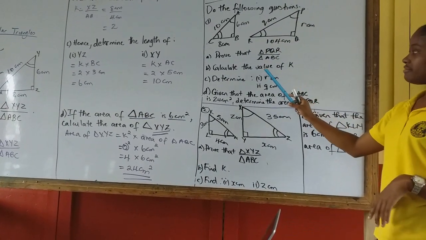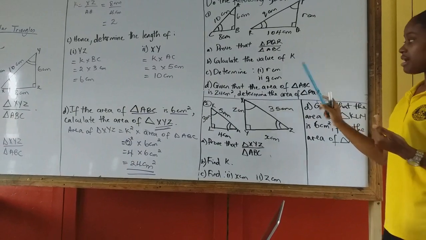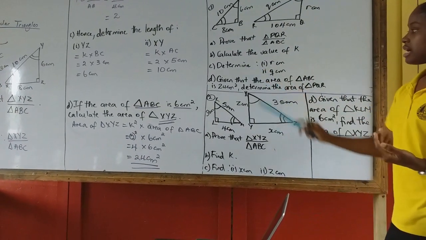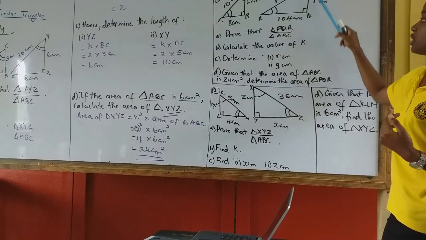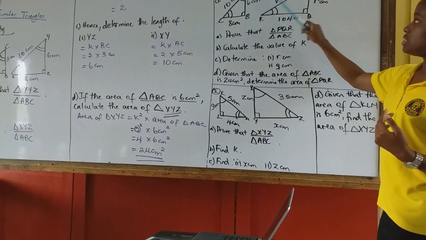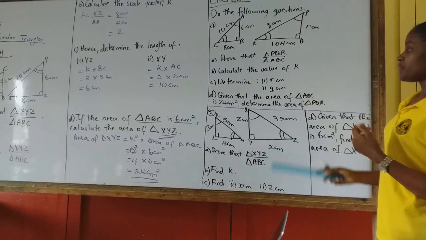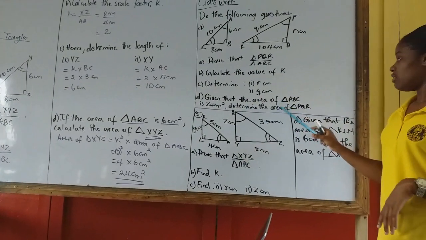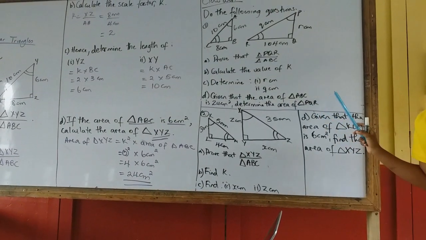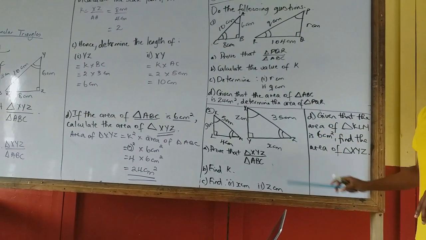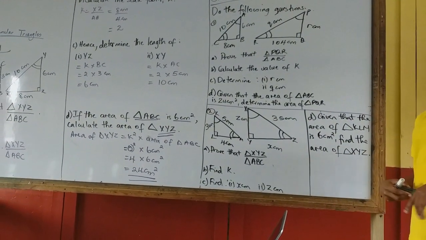You're to calculate the value of K, which is the scale factor. Use that scale factor to determine R centimeters, which is the length of PQ, and Q centimeters, which is the length of PR. As well as use the area of triangle ABC given to determine the area of triangle PQR. And you're going to do the same thing for question 2.